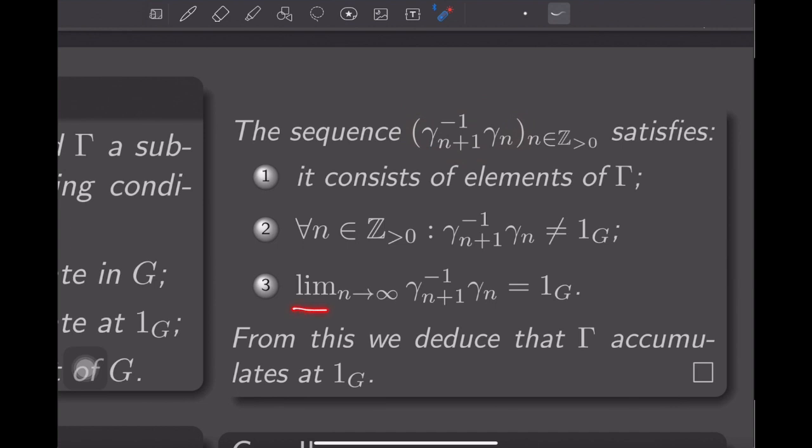And when you take the limit, you use that the limit of the product of two converging sequences is the product of the limits. This one converges to G, and this one converges to G inverse. And so this limit is the identity.